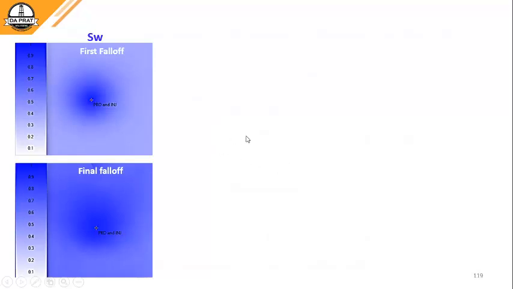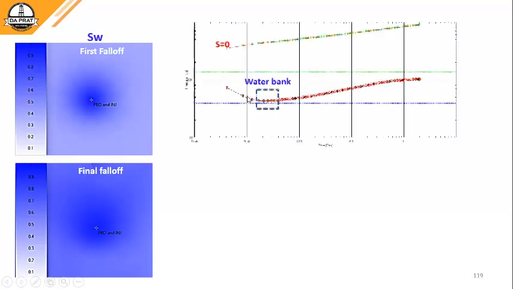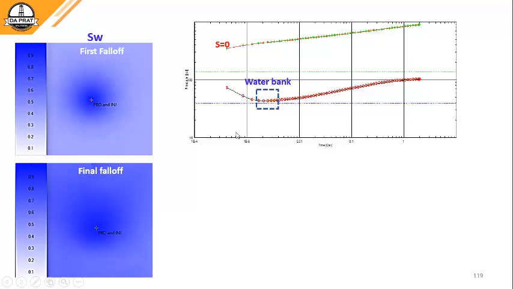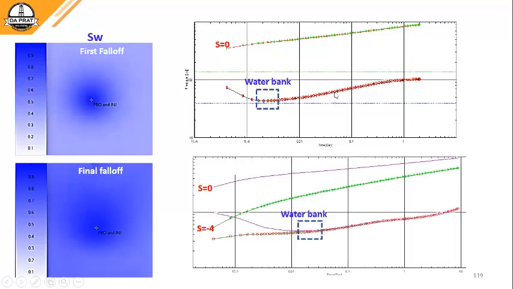So this is now again showing, during the first fall-off, the saturation profile. You see your bank over here, and in the final fall-off, as you may guess, the bank has been extended. So here we're showing two plots. This is with damage equals 0, and you can see here this is your water bank.